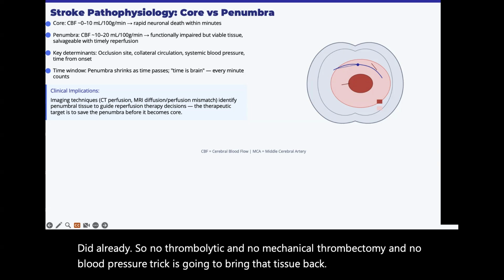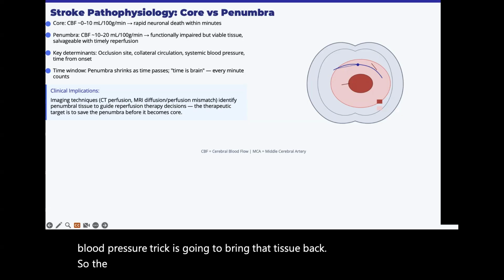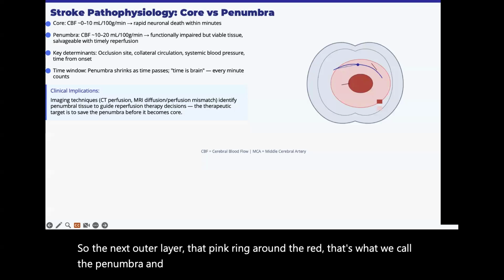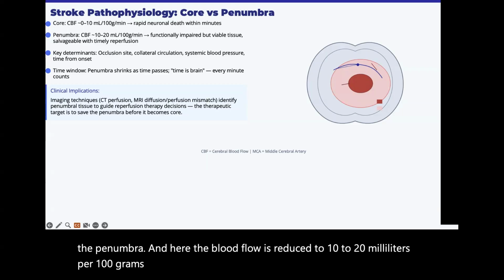The next outer layer, that pink ring around the red, is what we call the penumbra. Here the blood flow is reduced to 10 to 20 milliliters per 100 grams per minute. It's not enough for normal firing, so the neurons are electrically silent and clinically weak.